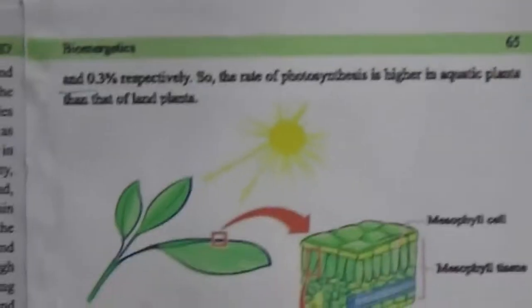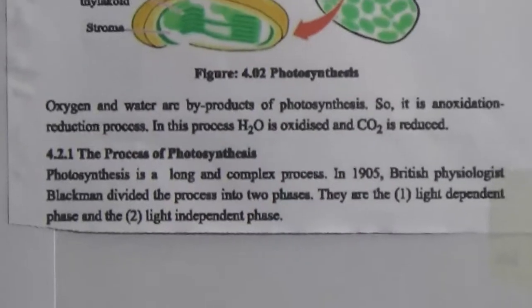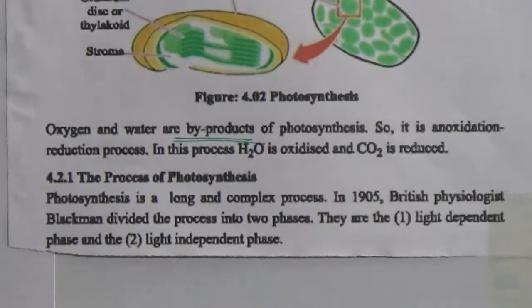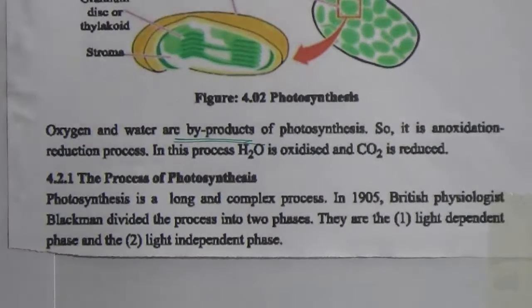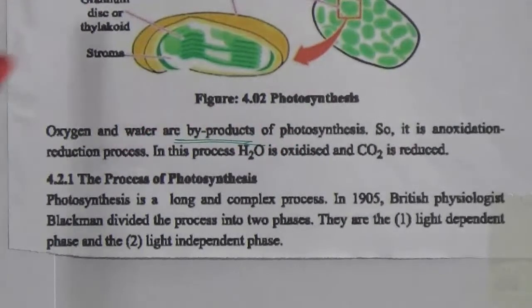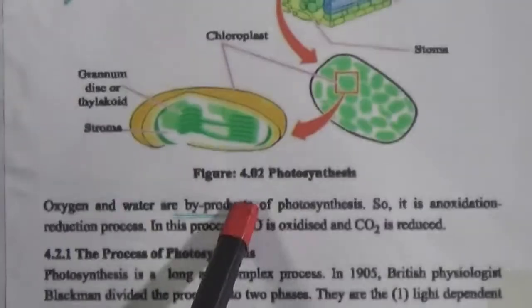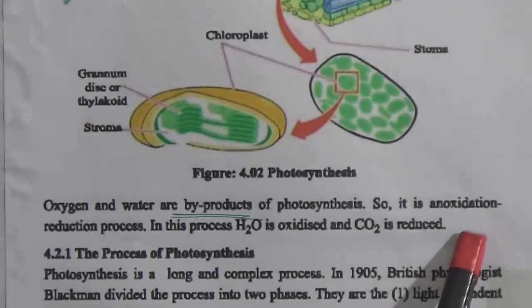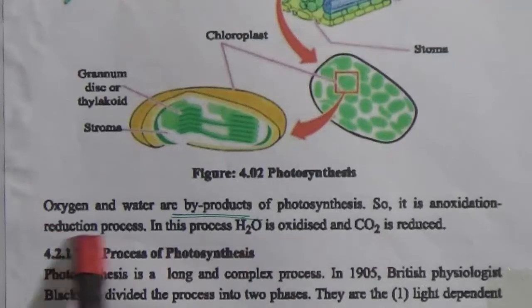Now, oxygen and water are the byproducts. This is also important for your MCQ. That oxygen and water, not the left side water, but the right side water, is the byproduct of photosynthesis.